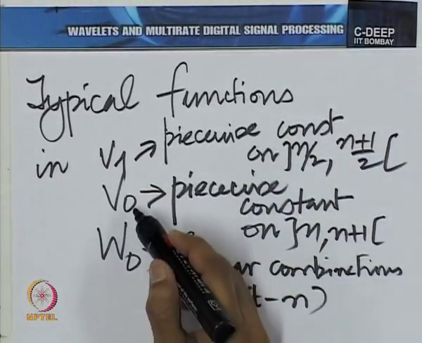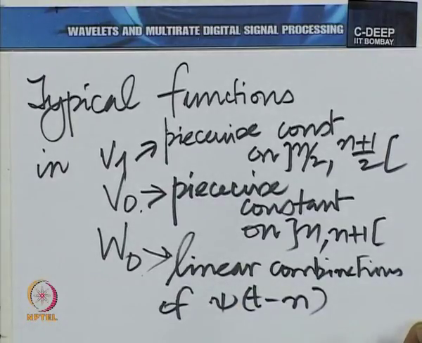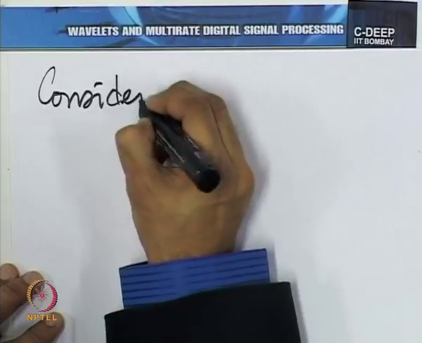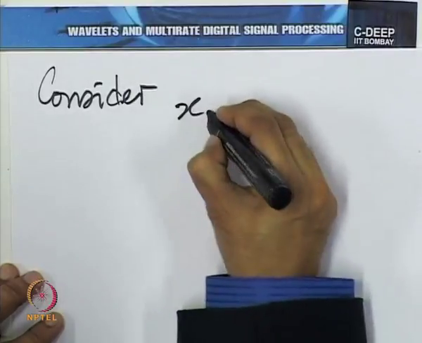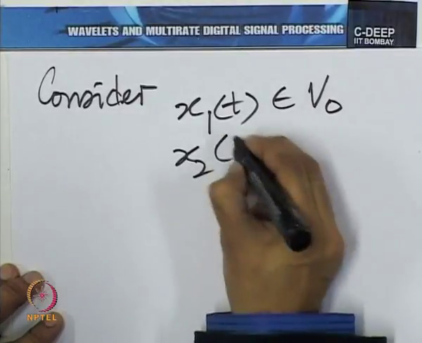Suppose we take a given function in V0 and a given function in W0. Now, what would the dot product be? So, what I am saying is, suppose we considered say x1(t) belonging to V0 and x2(t) belonging to W0.